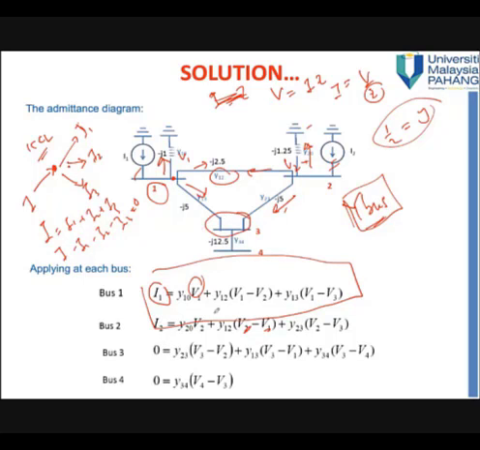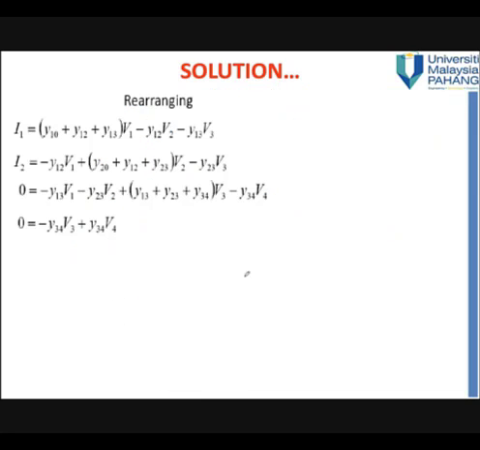Similar, this is Y23 times V3 minus V2, and then Y13 times V3 minus V1, and Y34 times V3 minus V4. And then for bus 4, 0 equals only one connection, V4 minus V3 times Y34. So if you look at here, you can rearrange in terms of matrix.